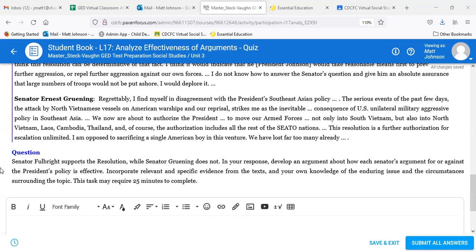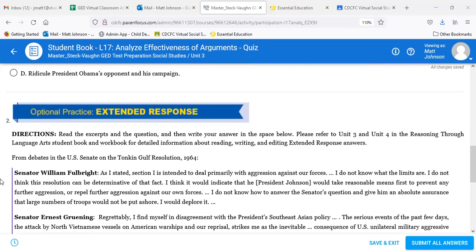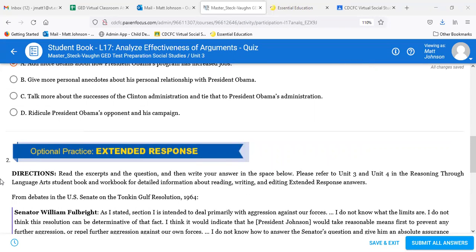So which one is better? We'll get to that here. It asks us to read the excerpt and the question, and then write your answer in the space below. And we've done this several times already.